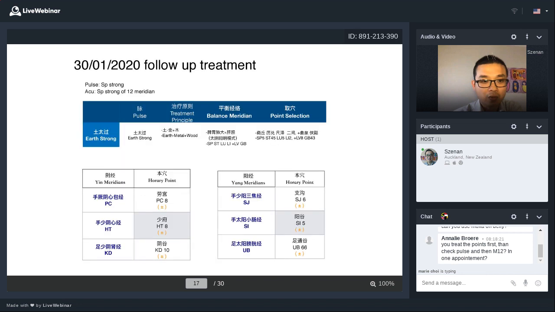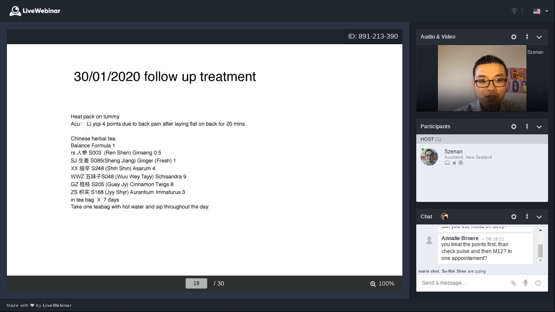So when I do here, 1, 2, 3, 4, 5, 6 points. Each point has its own herbs. Each meridian has its own herbs. Here you go, that's all in here. And the numbers are fixed. In tea bag, and take it 4. Take 1 bag with hot water and sip through the day.